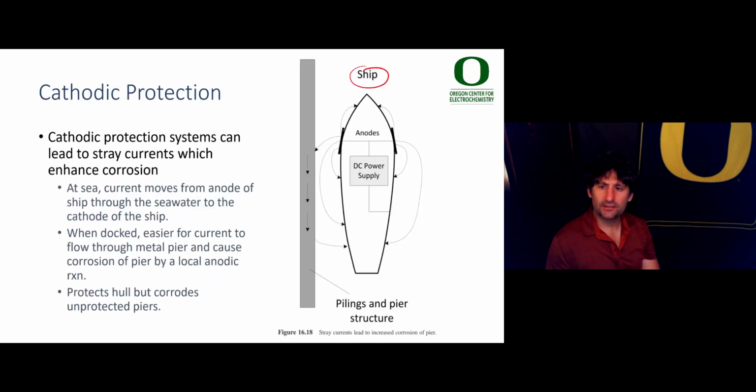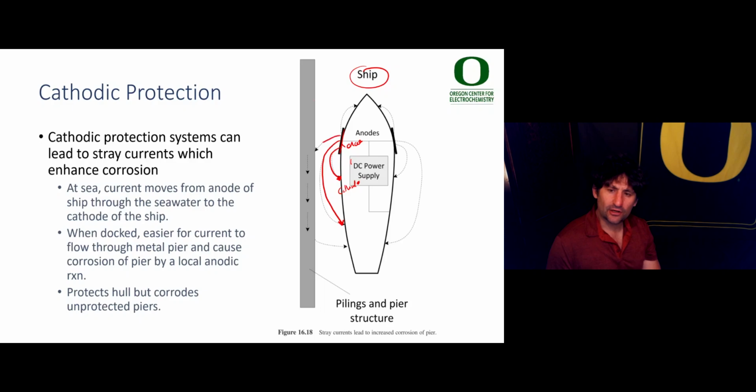Here's a ship which has local anodes and a DC power supply to prevent the corrosion of the metal. And of course, when you're driving current, you're driving electrical current through the water. You're driving some cathodic reaction here, and locally an anode reaction here, and that's preventing your ship from rusting. Now imagine you go up to a metal pier.